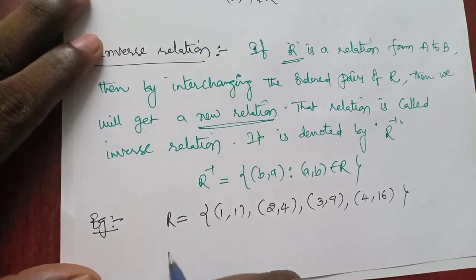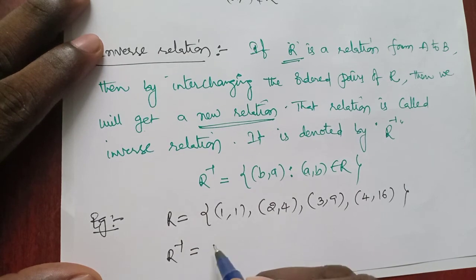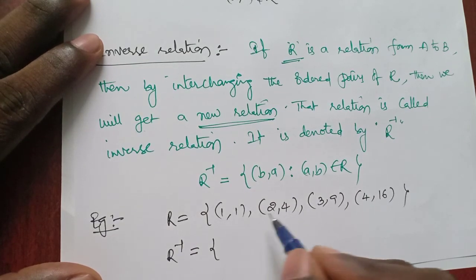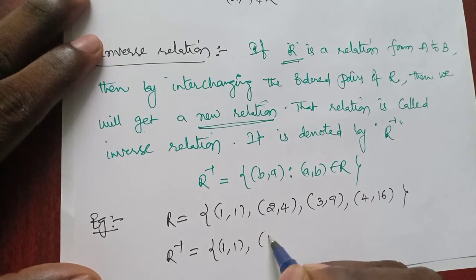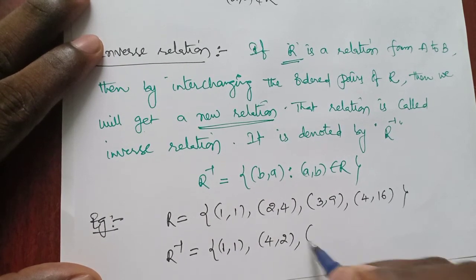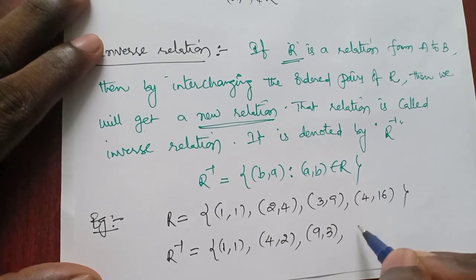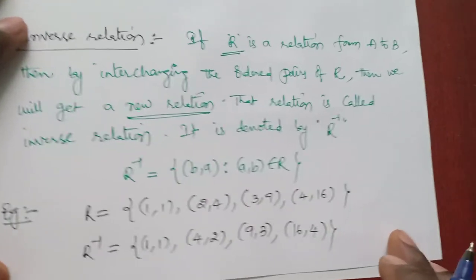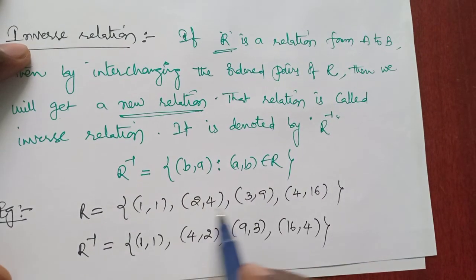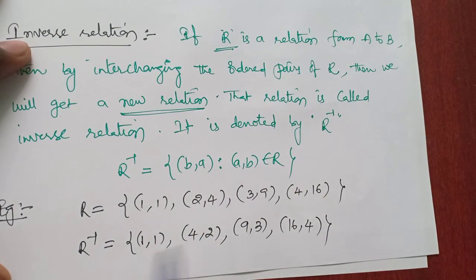And clearly from this, what is R inverse? If you interchange the ordered pairs, we get 1 comma 1, 4 comma 2, 9 comma 3 and 16 comma 4.